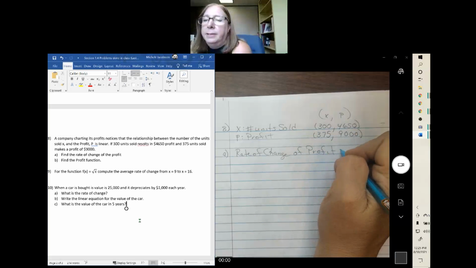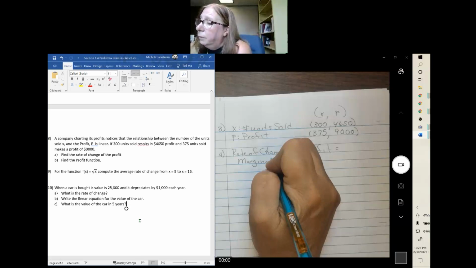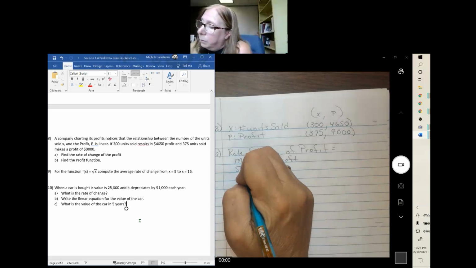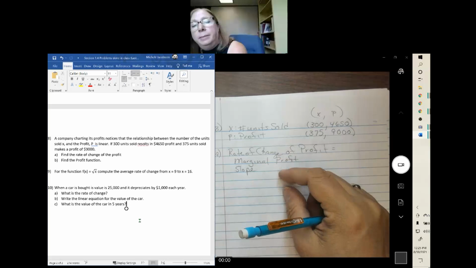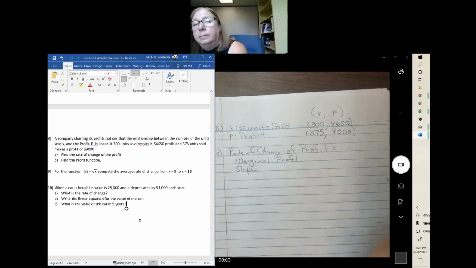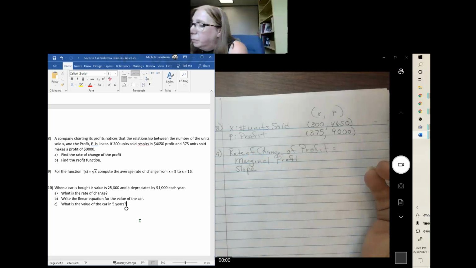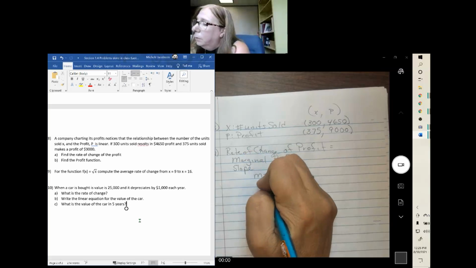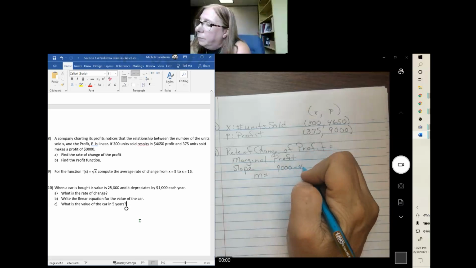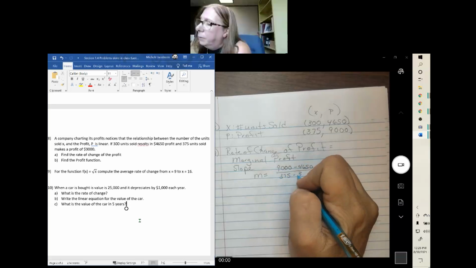Rate of change of the profit is the same as marginal profit when it's linear, and slope. These three things all mean the same thing, as long as it's linear. So if it asks for a rate of change of profit, it wants you to find the slope. $9,000 minus $4650 over 375 minus 300.